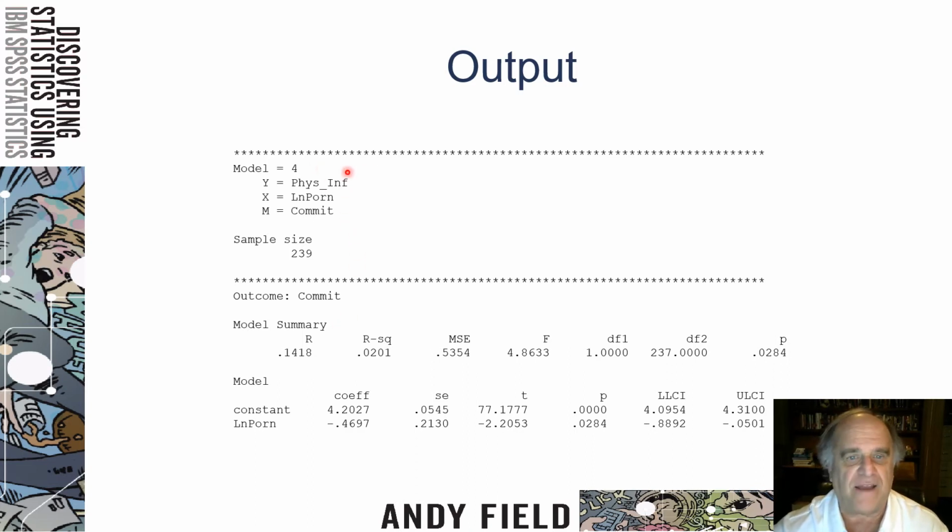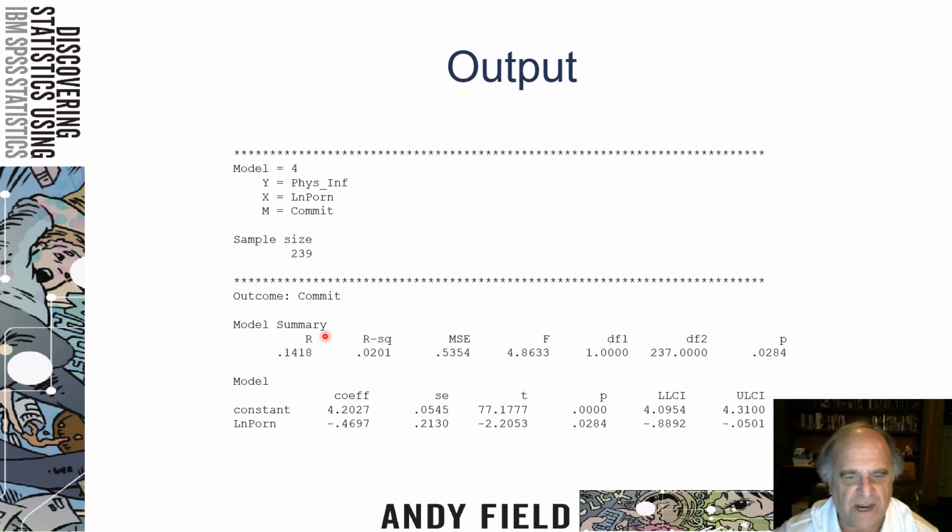So at this point, we're not even looking at the outcome, or Y, physical infidelity. We're just looking at the relationship between pornography consumption and commitment. So the outcome variable is going to be commitment. This is the top part of that mediation model, and we're looking to see, is there really a relationship between pornography consumption and commitment?